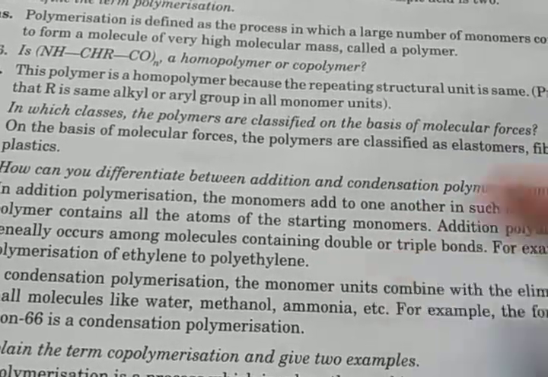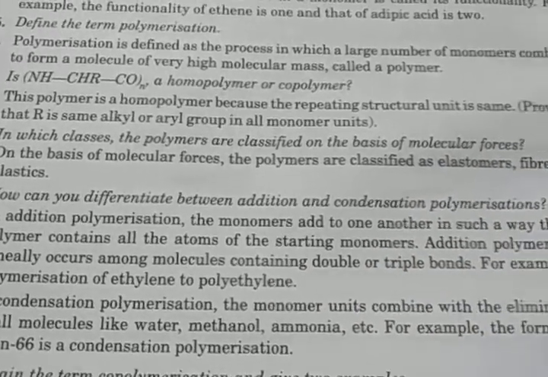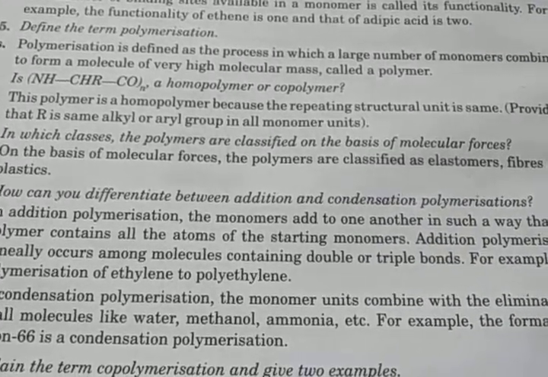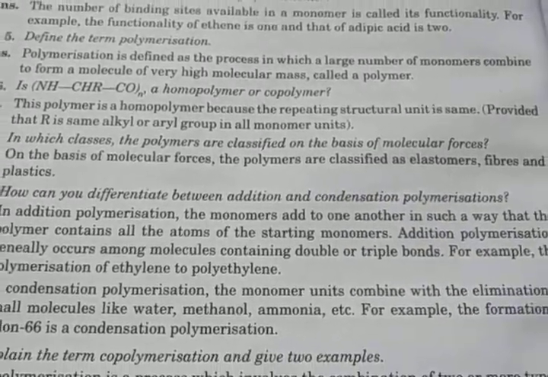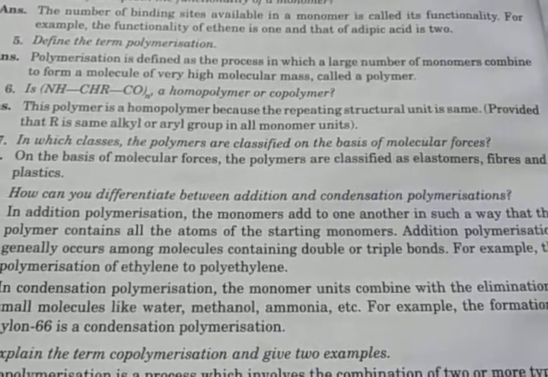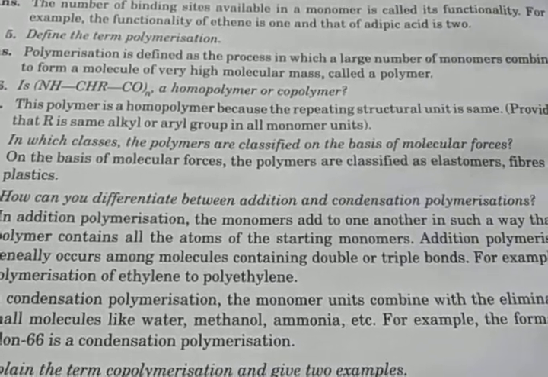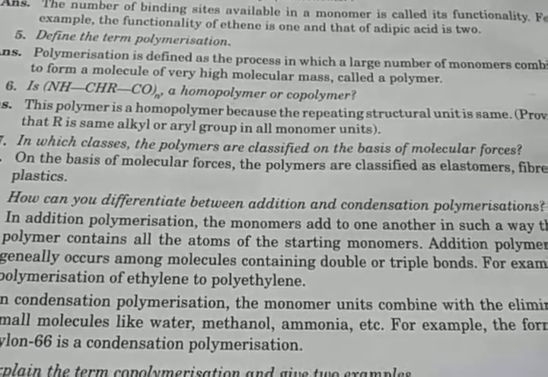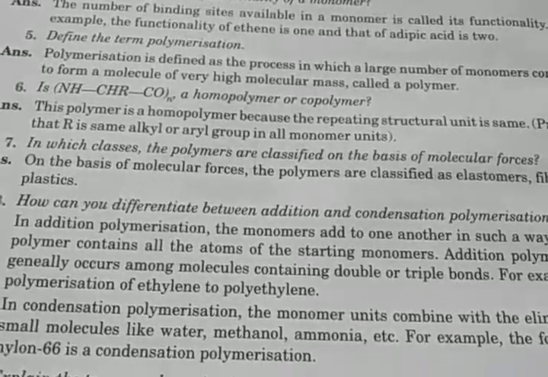In addition polymerization, monomers add to one another in such a way that the polymer contains all the atoms of the starting monomers. Addition polymerization generally occurs among molecules containing a double bond or triple bond, and no molecules are removed.